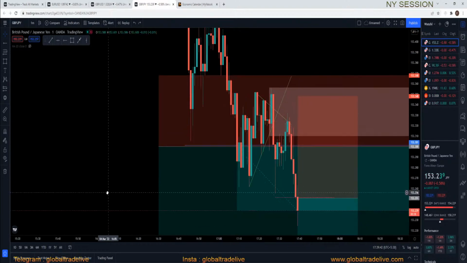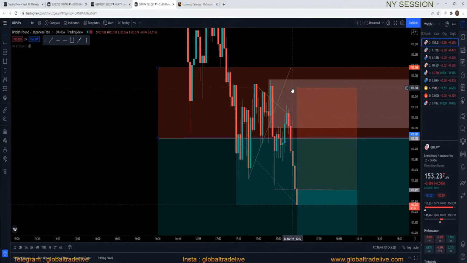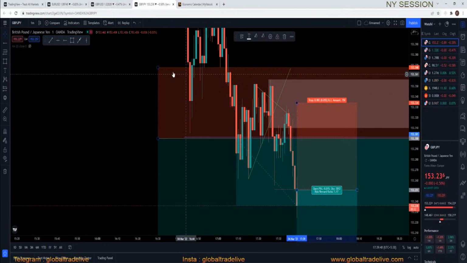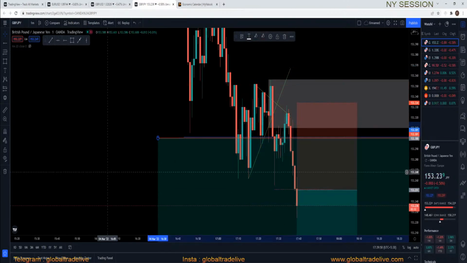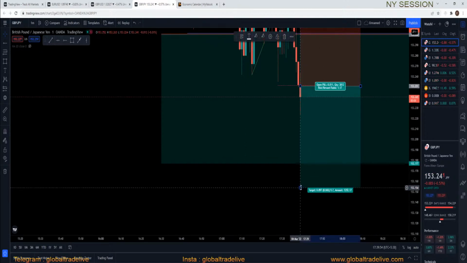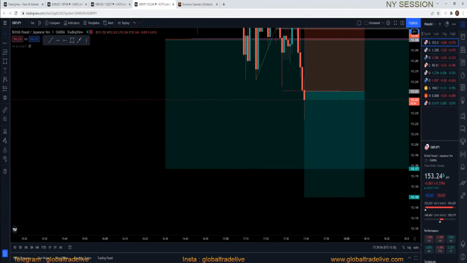So this is the second position running, and stops have been kept above this high, and this position SL is at break even, and this will be 10 pips over here.